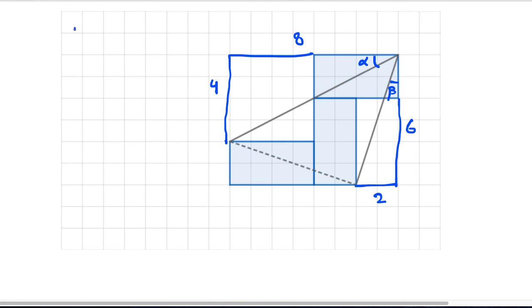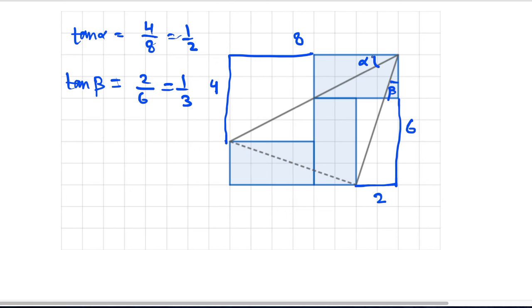So in this triangle tan alpha is equal to opposite over adjacent, which is 4 over 8, which is half. Now if I consider tan beta, again opposite over adjacent, this is 2 by 6, which is 1 by 3.